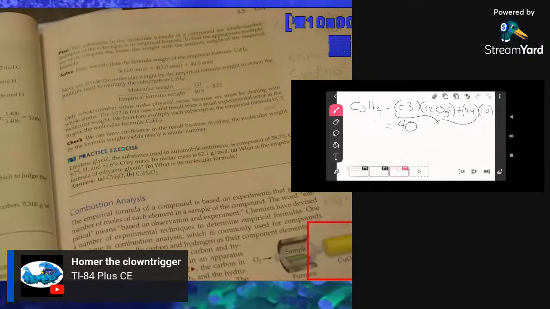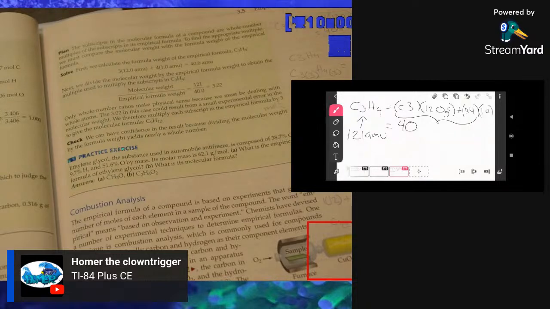And then they gave us the atomic mass units, which is 121 AMU. So atomic mass units is equal to that.